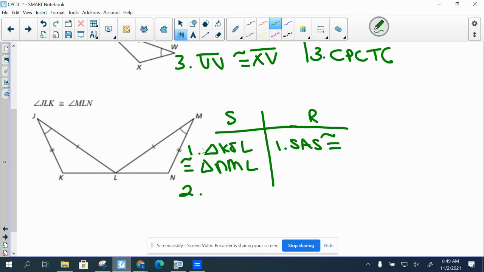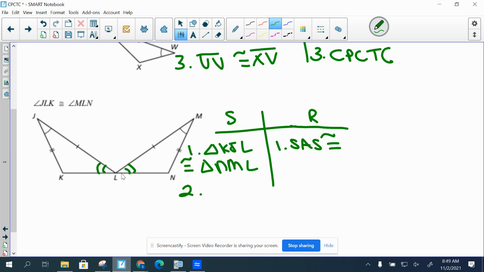Now that we know the triangles are congruent, we can prove that angle JLK, this angle, we have 2 arcs, 1 arc is already taken, and we're going to have an outline. Be careful because these aren't vertical angles.